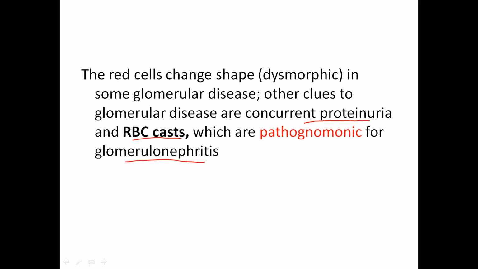Please, for the causes of casts, I put a clear video with different casts and their differential diagnosis, in a table. Please refer to exit exam part 1 for different casts like WBC casts, RBC casts, and other casts as well.